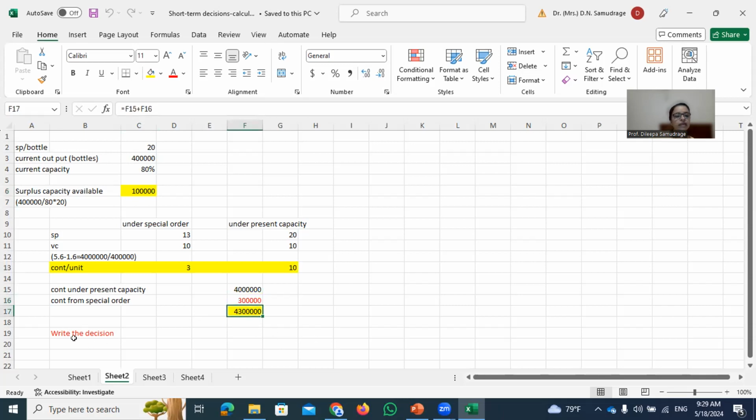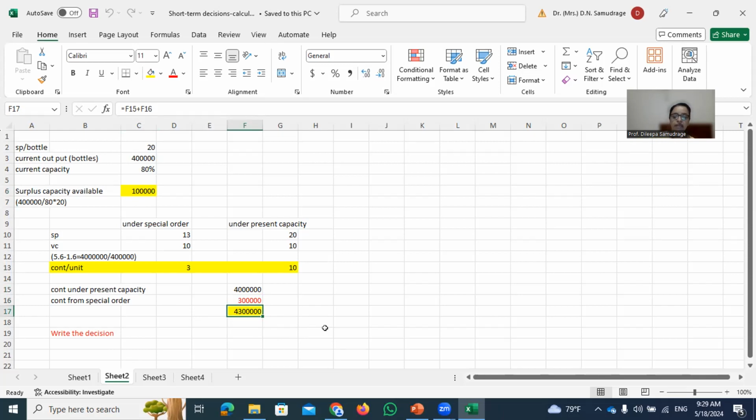So what you have to write under the decision is, if you don't accept the special order, your contribution is 4 million, but accepting the special order, your total contribution increased by 300,000, right? So now your contribution is 4.3 million. So therefore, accepting a special order is a wise decision, right? So you can say like that.